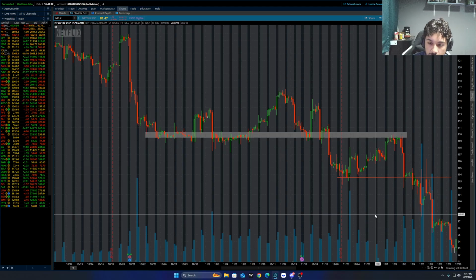If we break below demand and support, that has now turned into supply and resistance.